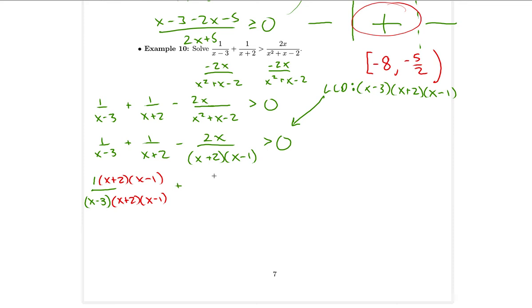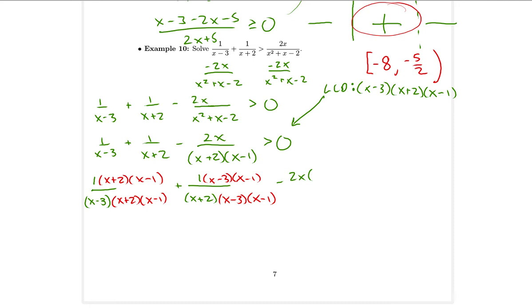And then plus 1 over x plus 2. We'll multiply this one by x minus 3 and x minus 1 to give it what it needs. Minus 2x, and then the only thing it needs is x minus 3.